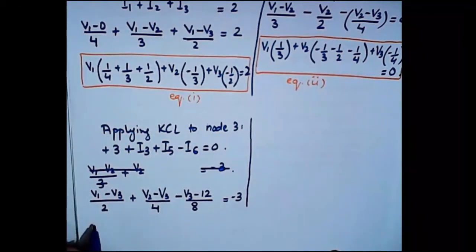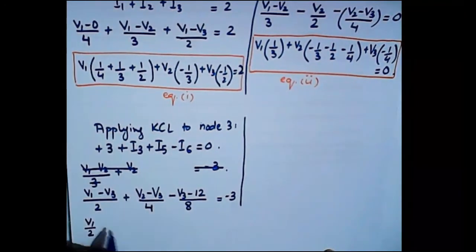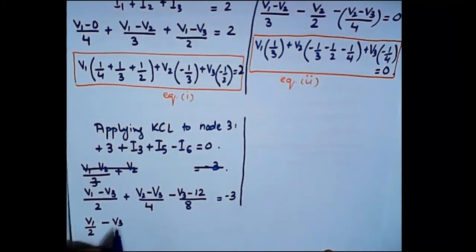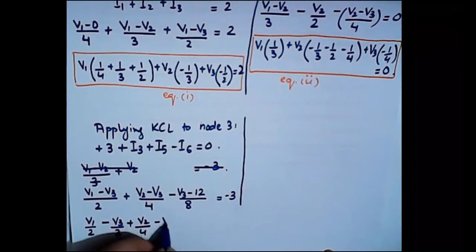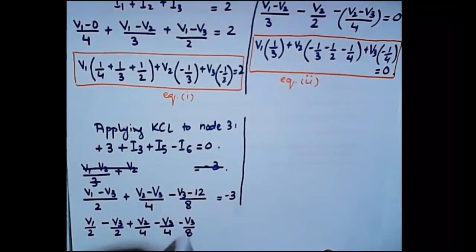Okay, so that makes V1 upon 2 minus V3 upon 2 plus V2 upon 4 minus V3 upon 4 minus V3 upon 8 plus, because minus minus will become plus, 12 upon 8 is equal to minus 3.